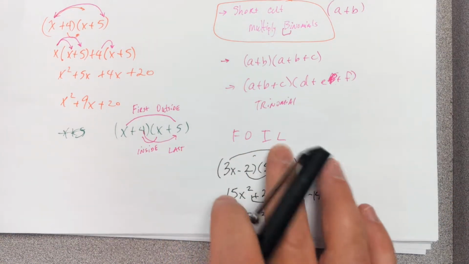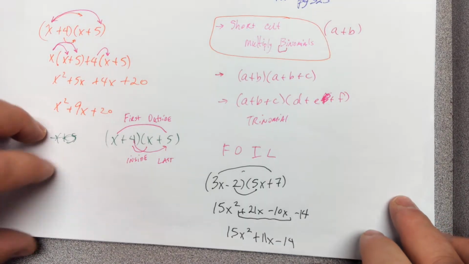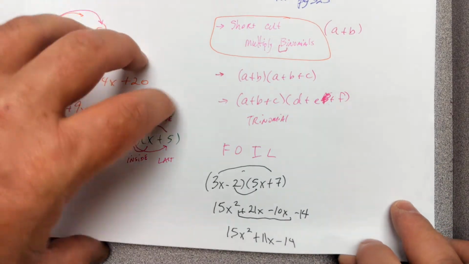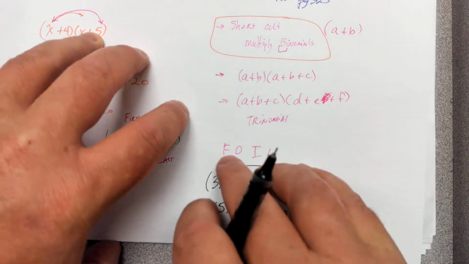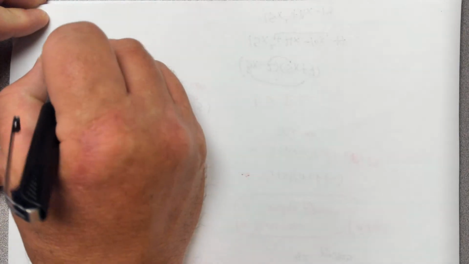So first, outer, inner, last. Let me show you. Here, I'll do a couple and then I'll have you do a couple. You ready? Alright, so let's do some. Turn over paper. There we go. So you can just watch.